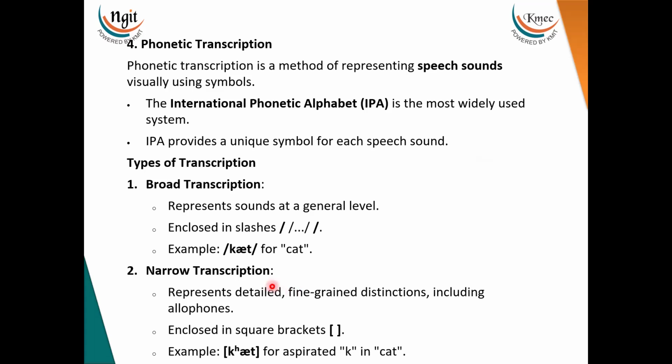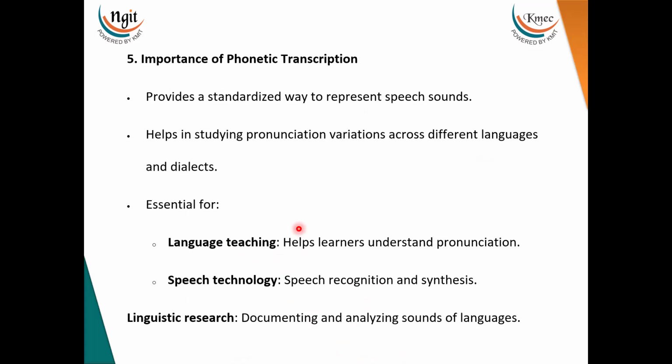So you can see the example given here is cat, and in the narrow transcription you can see the aspirated K in the cat. This is narrow transcription, this is broad transcription. Now, the importance of phonetic transcription: it provides a standardized way to represent speech sounds, helps us in studying pronunciation variations across different languages and dialects, and it is essential for language teaching and speech technology.